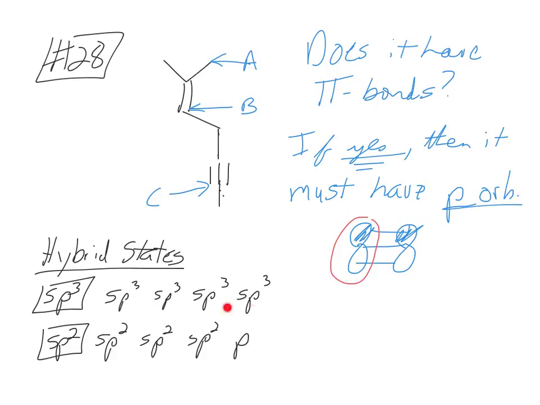Looking at this, there's an sp2, sp2, sp2, and a p. How many is that for p's? 1 p. Right? Just the one. So how many pi bonds can that make? Just the one. So an sp2 hybridized element can only make 1 pi bond.